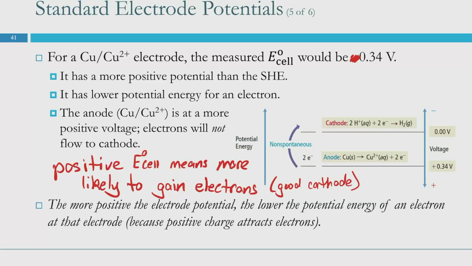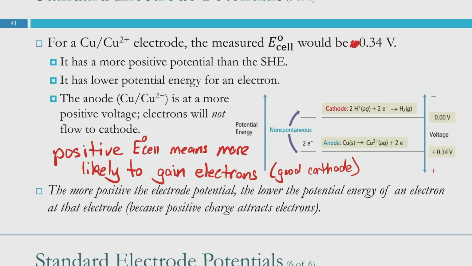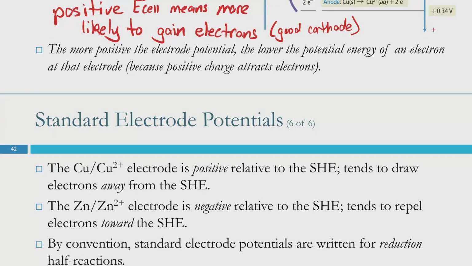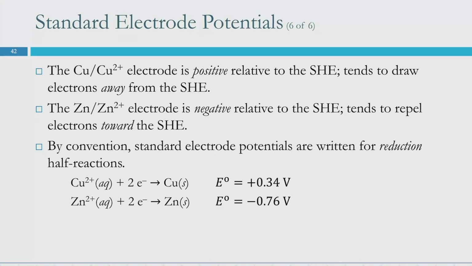I think that's correct. So our copper electrode is positive relative to the standard hydrogen electrode. It's going to tend to draw electrons away from the SHE. Our zinc electrode was negative relative to the SHE, tends to give or repel electrons towards the standard hydrogen electrode.